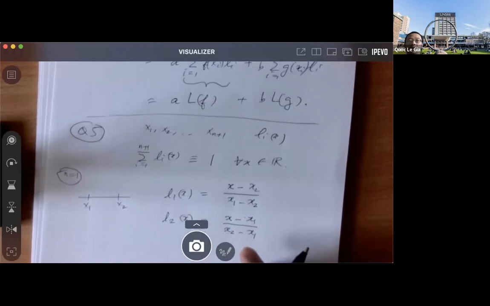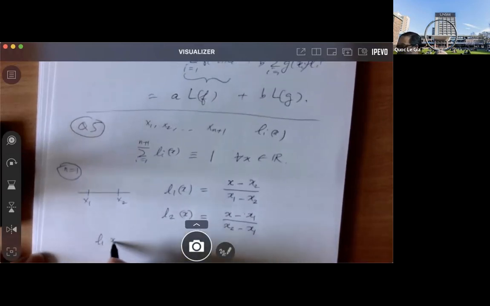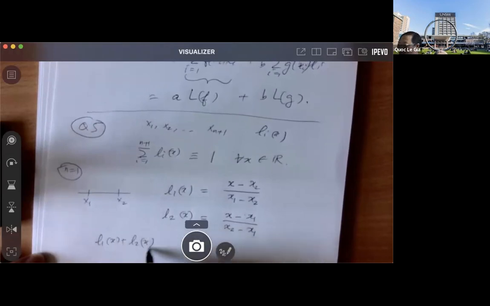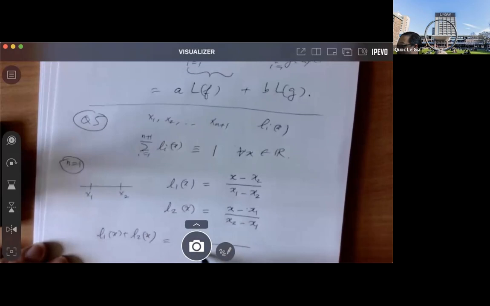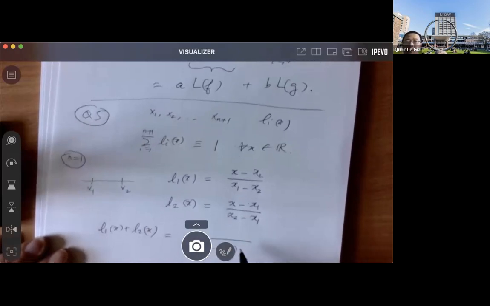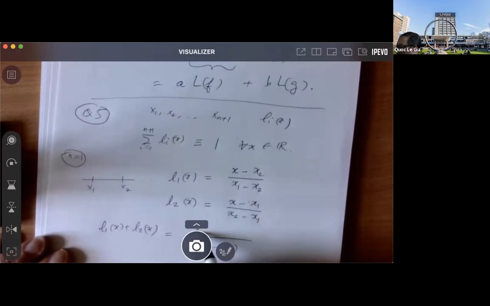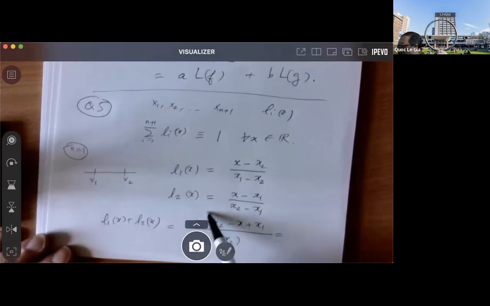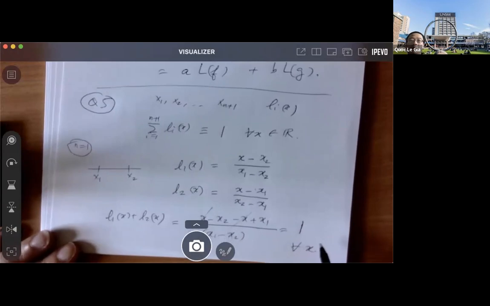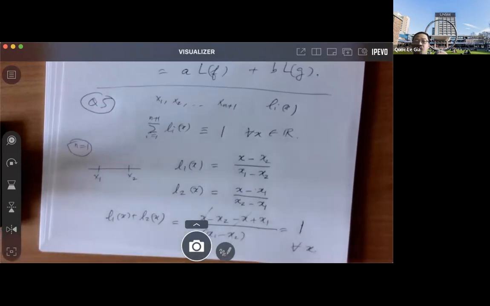And now if I take L1 plus L2, then I have x1 minus x2 as the common denominator, then x minus x2, then flip the sign, so minus x plus x1. You see that x minus x cancels, and you have x1 minus x2 over x1 minus x2, which equals 1 for all x. So it's true for n equal 1.